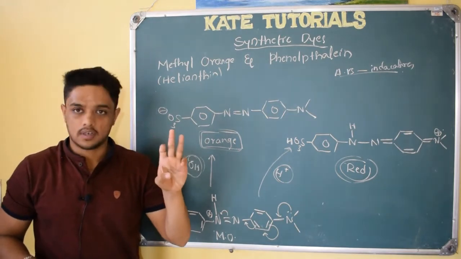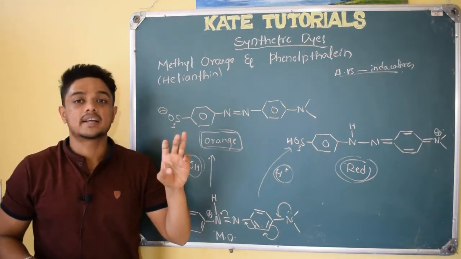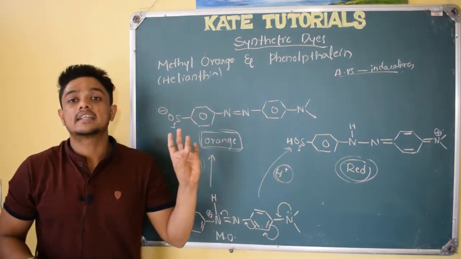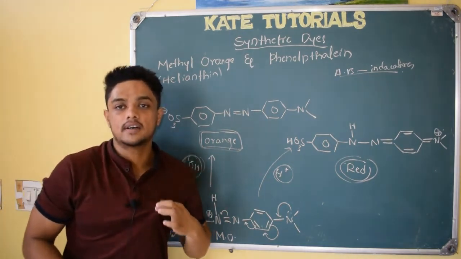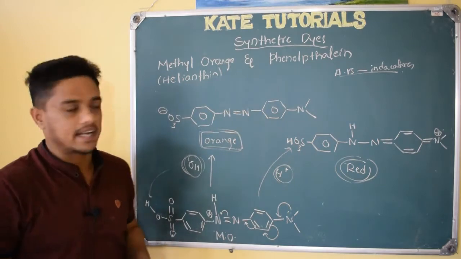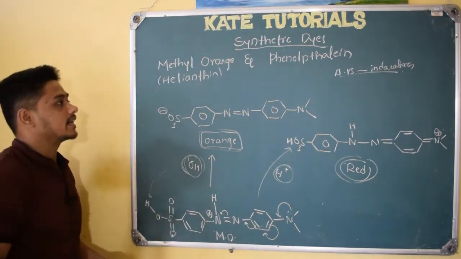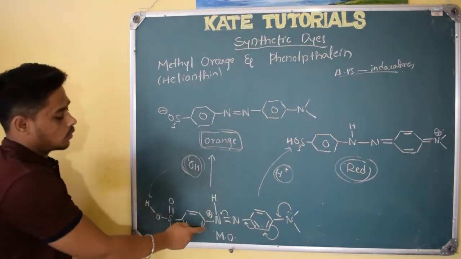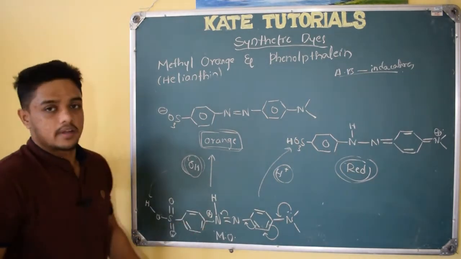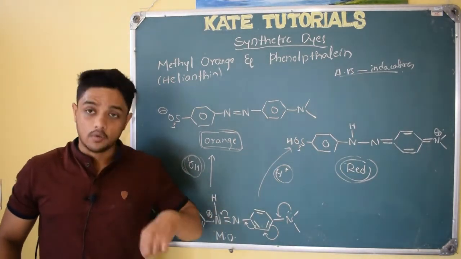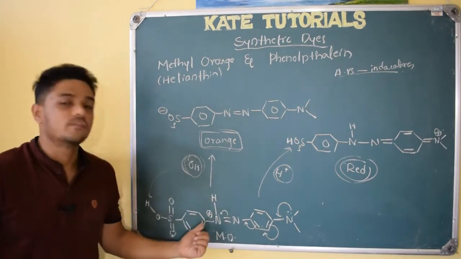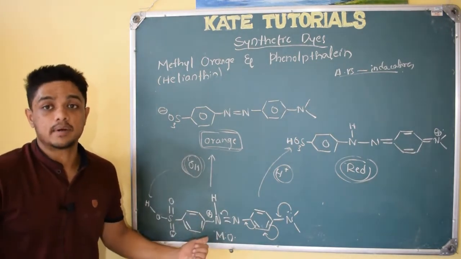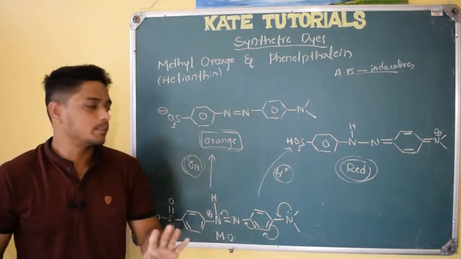One is it should have color, second it should be resistant to water, light, everything, and it should attach to the fabric, these cloths, very strongly. So those are the 3 conditions or characteristics I have explained, right? These need to be satisfied. If it falls on our cloth, if I wash with water and soap, it will vanish, right? Because of which we never use it as a dye, but here we use it as an indicator because it indicates.